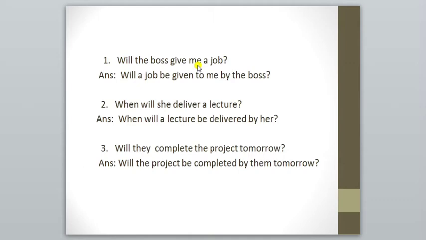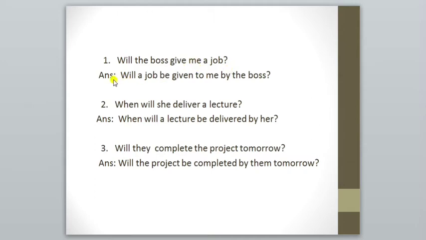The answer is me. And second, what will the boss give to me? The answer is a job. A job is the direct object and me is the indirect object.